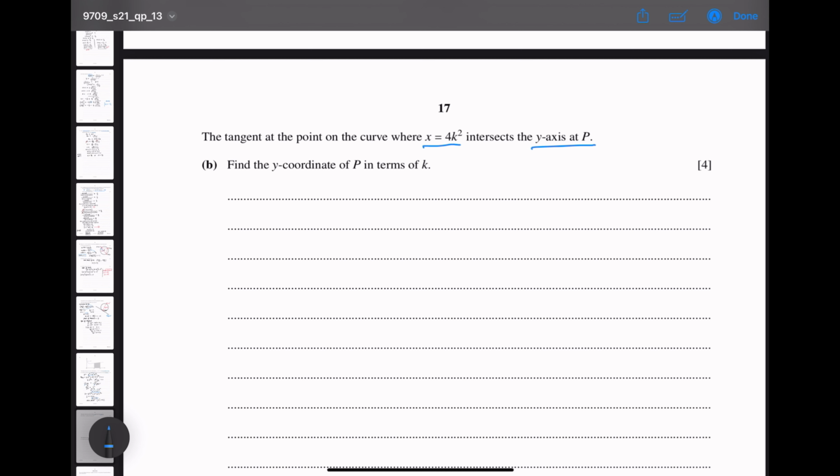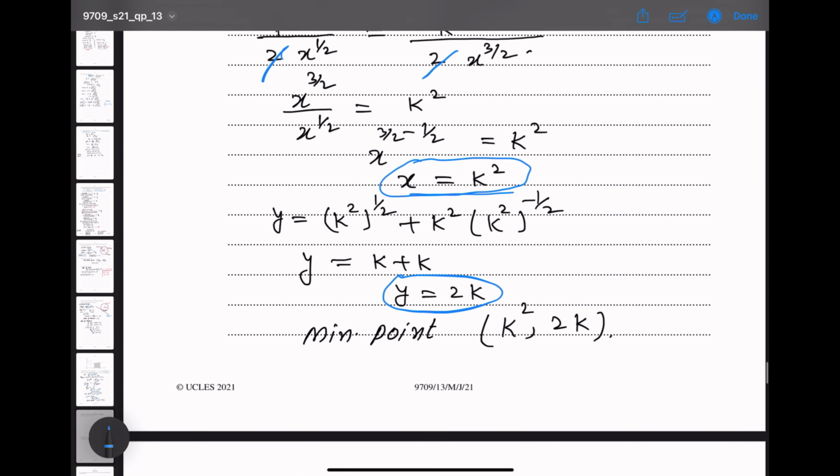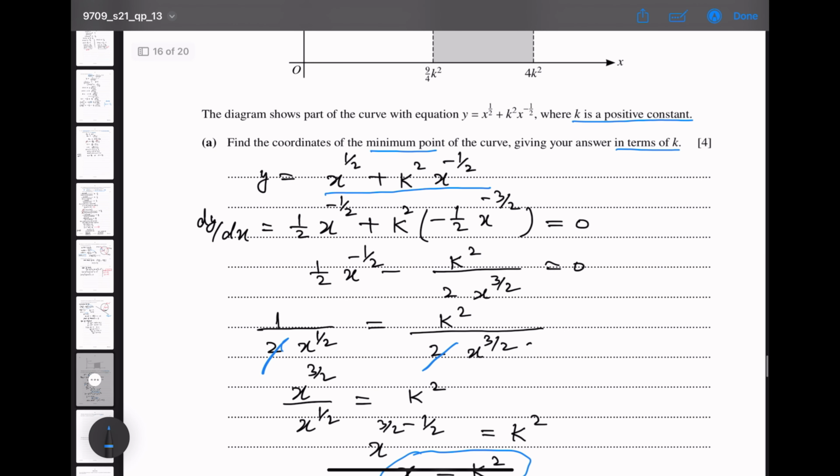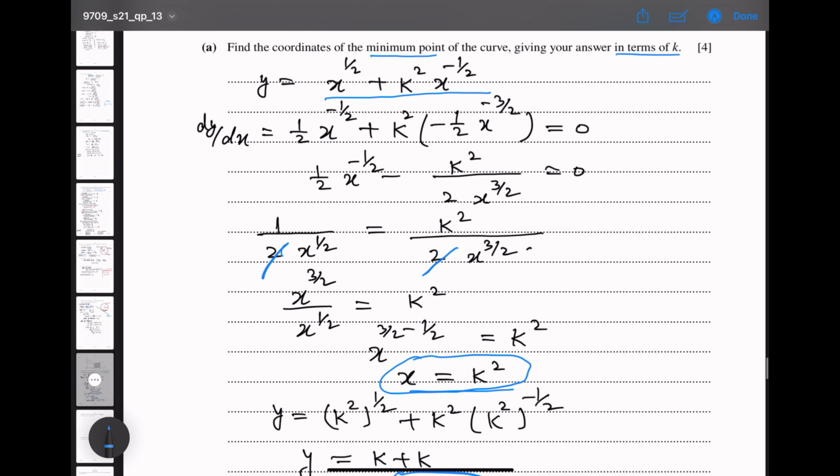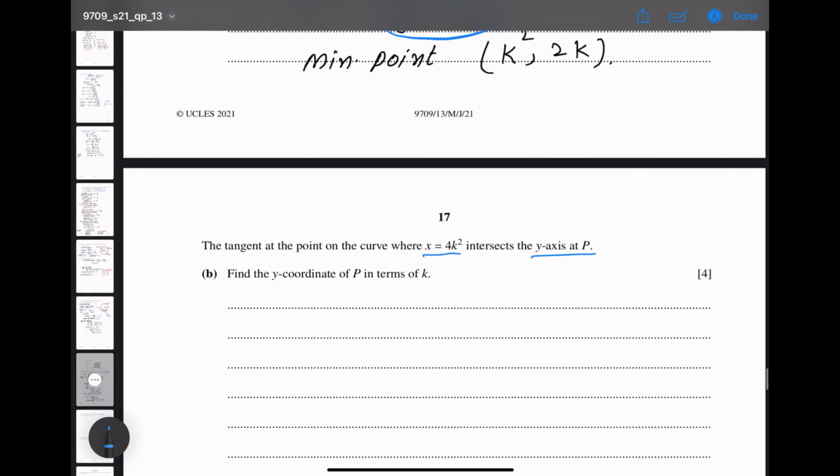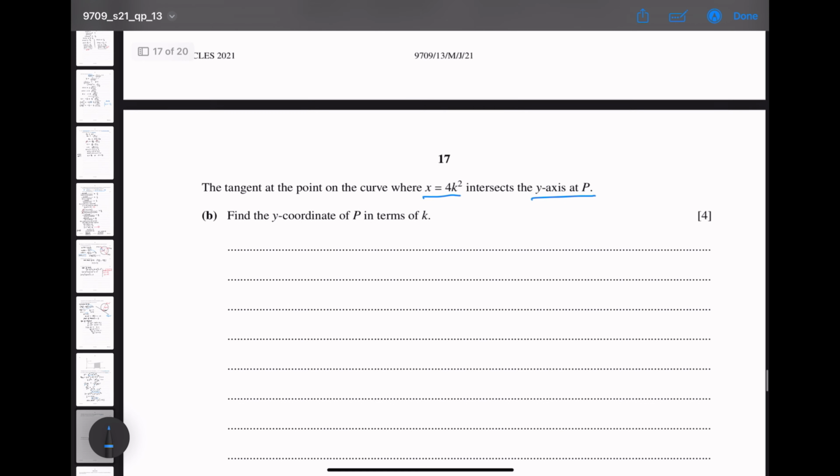We need the gradient and the point. The x coordinate of the point is given, that is 4k square.